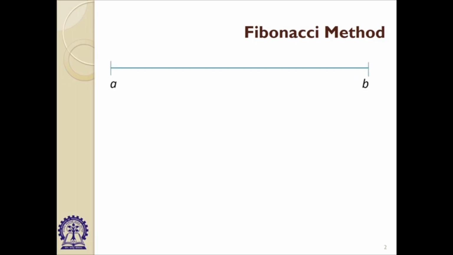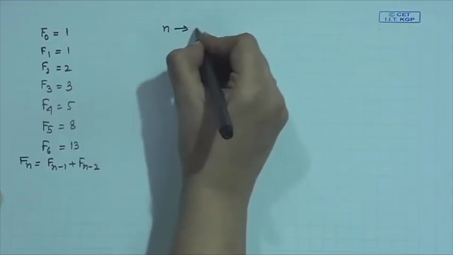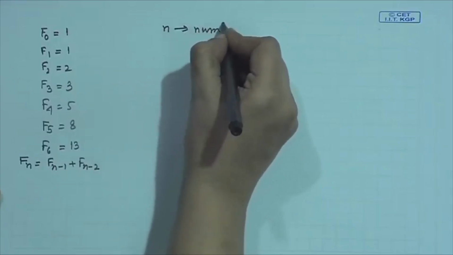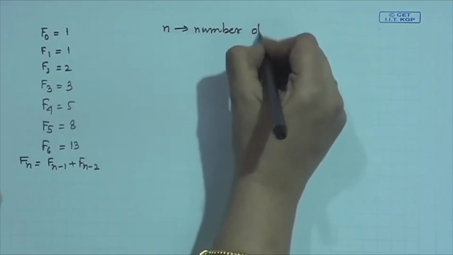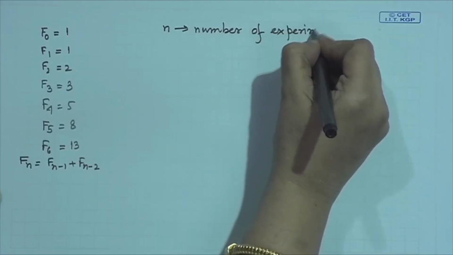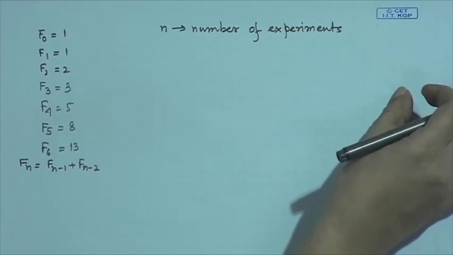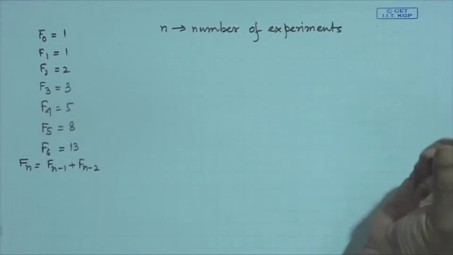Now the first approximation, if n is the number of experiments I need to do. First you need to listen to the process, then you will understand why I am considering that term once you learn the process in detail.